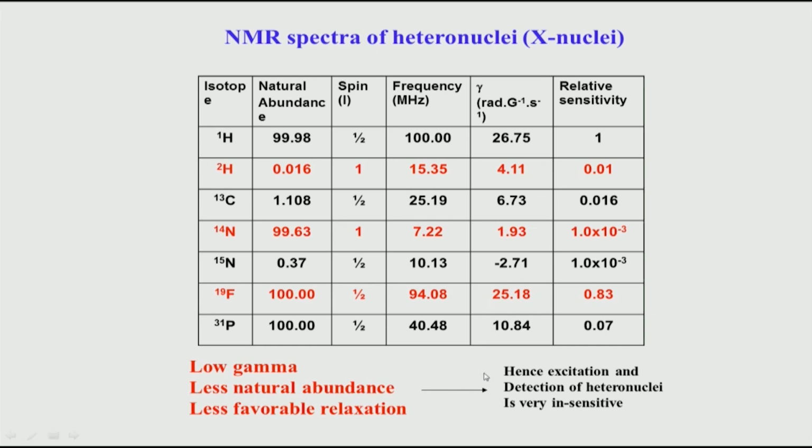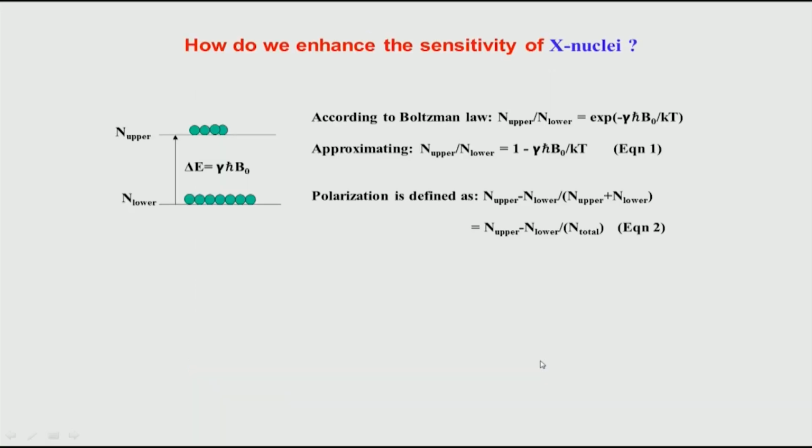Because of these unfavorable properties of the nucleus, the detection is very insensitive. Now, let us quantify how much less sensitive these nuclei are. How do we know that the sensitivity is less and why?